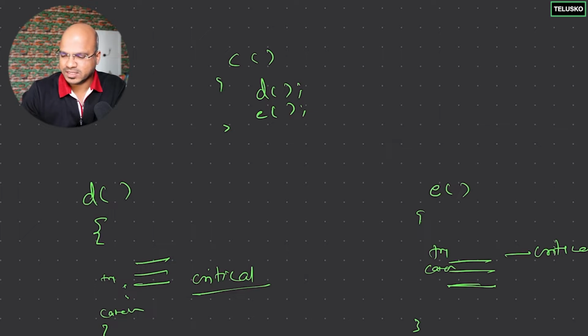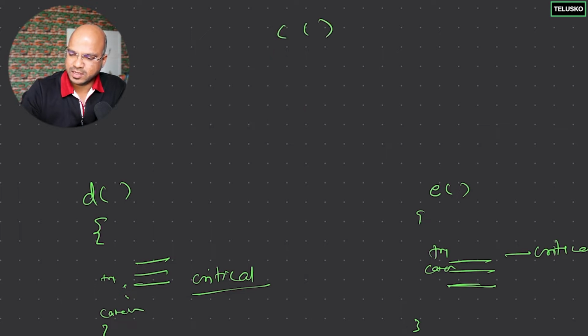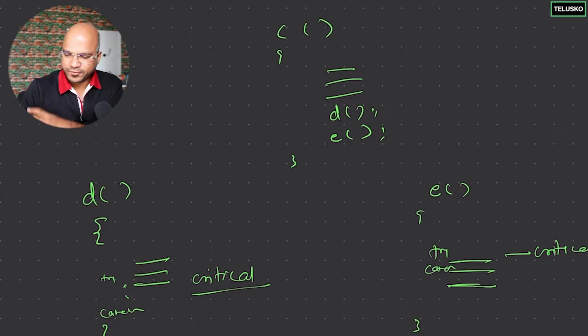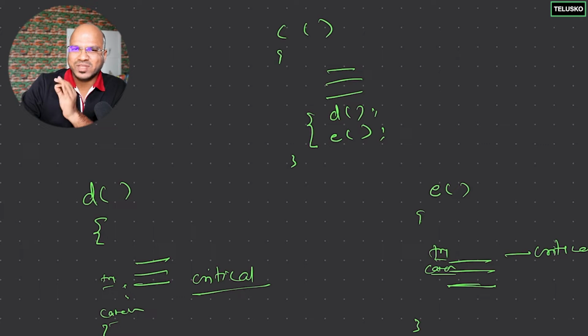Of course, in C, let's say we have multiple statements, out of which two statements are calling D and E, and then we have some more statements here. Now, if you observe the situation, we are handling try catch by ourselves in D and E. But what if you could say, D and E both have the same exception?